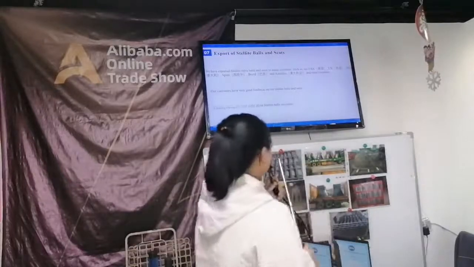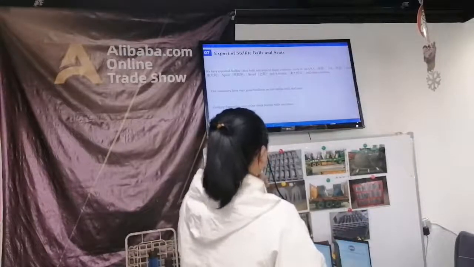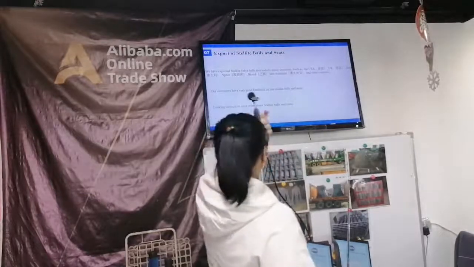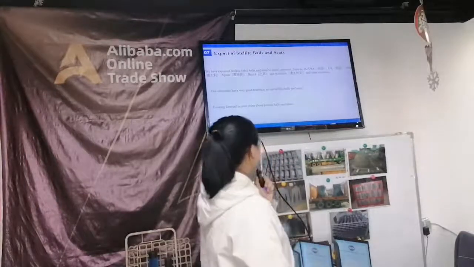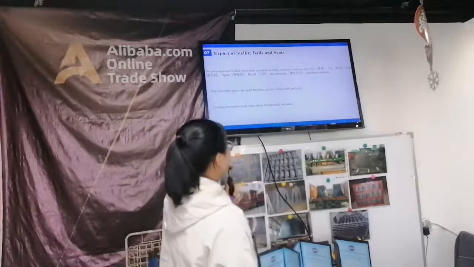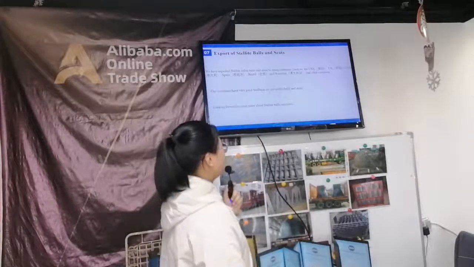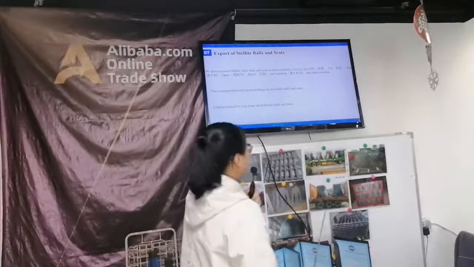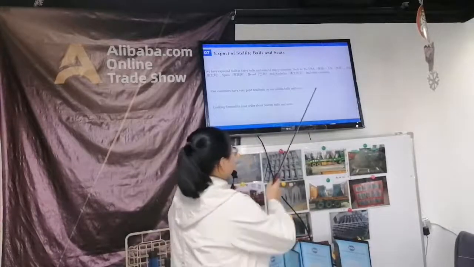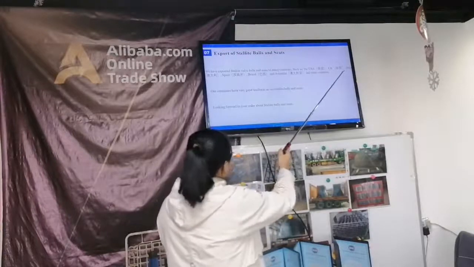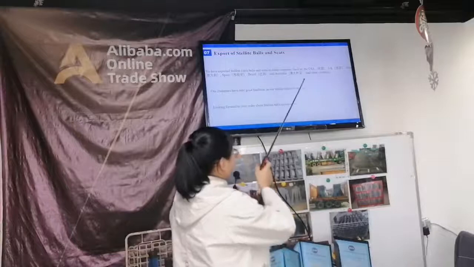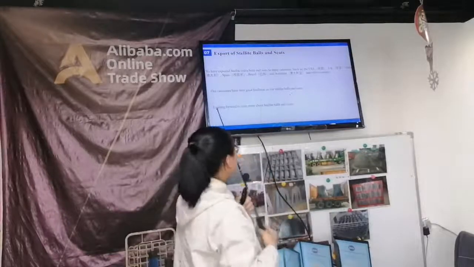Okay, next, export for C9 balls and seeds. We have exported C9 balls and seeds to many countries, such as the USA, UK, Italy, Spain, Brazil, and Australia, and other countries.